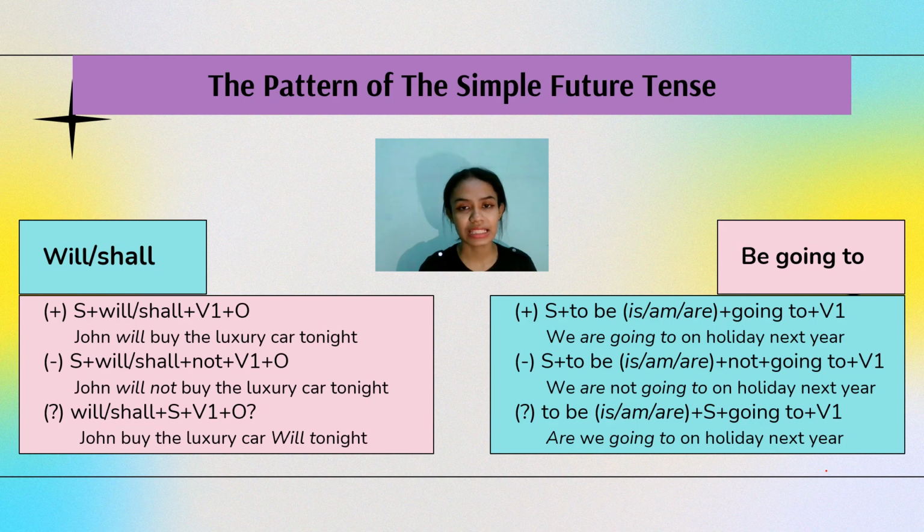Interrogative sentence, it starts with to be (is, am, are) plus subject plus going to plus verb 1. The examples are: we are going to go on holiday next year. We are not going to go on holiday next year. Are we going to go on holiday next year?